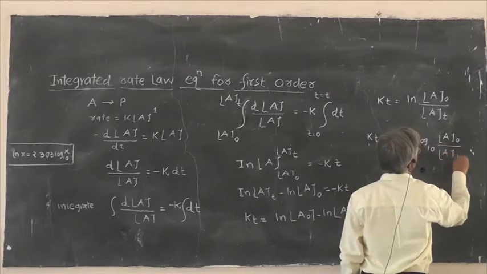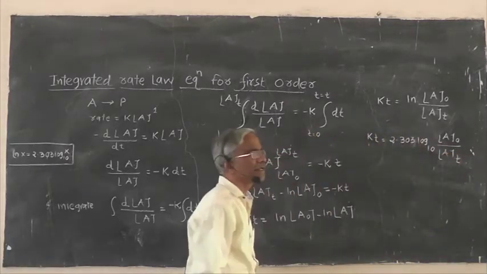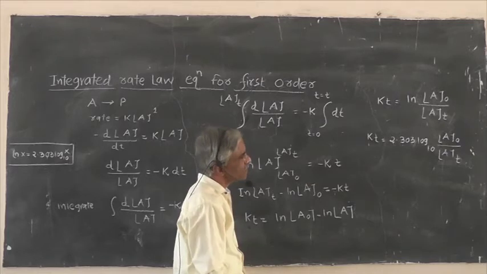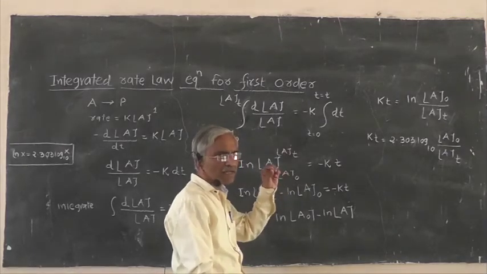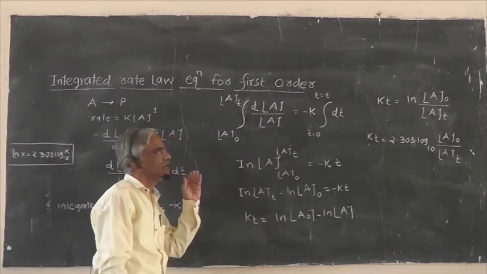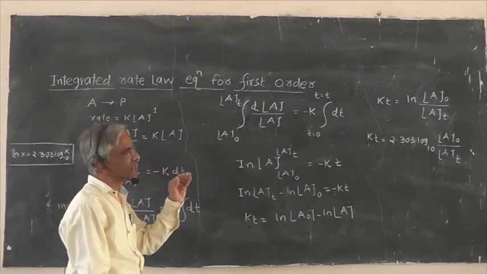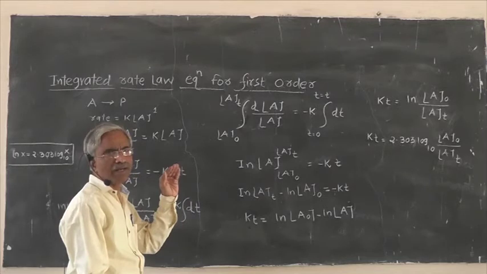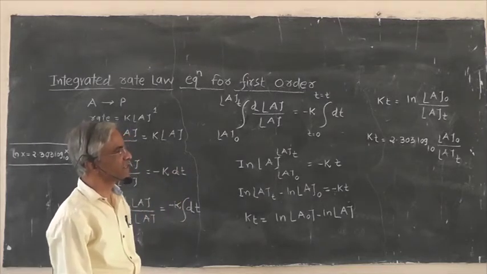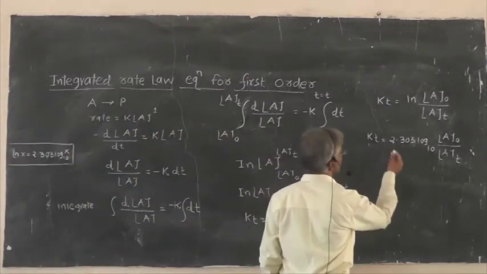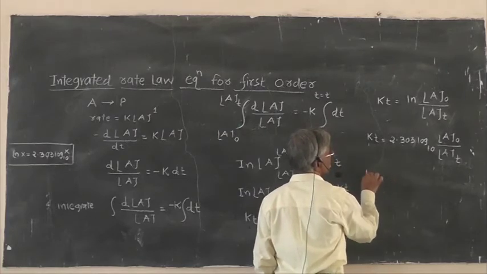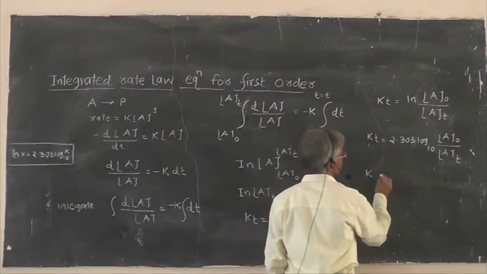Now I will write this integrated rate law for first order. We take log to base 10 because the logarithm table that we are using has a base equal to 10, and therefore we have taken it in terms of 10. This equation can be rearranged or can be written in terms of rate constant k.